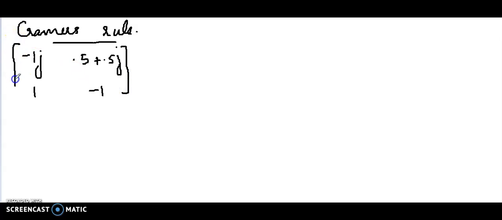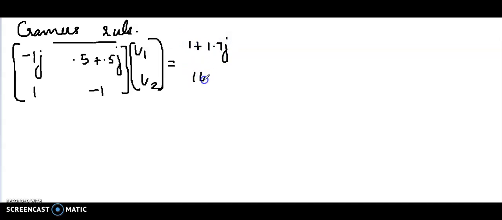This is the LHS of both the equations, with V1, V2 is equal to 1 plus 1.7j and 10 plus 6j. And to find V2, we can replace the second column with the RHS.